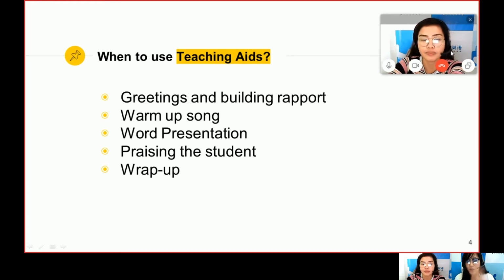And the fourth one is praising the student. For praising the student, Outstanding! Good job! Or by TPR, good job! Very good. And also, for the wrap up, teaching aids are important.